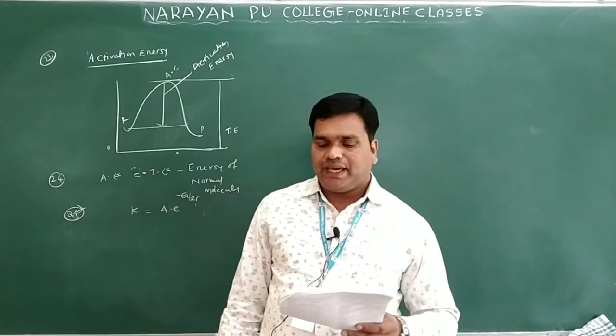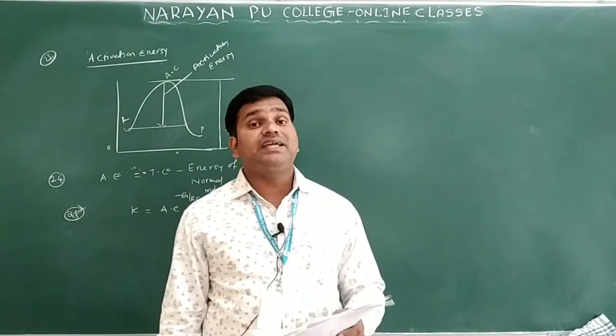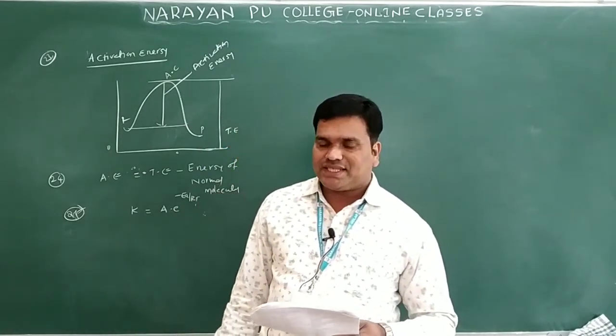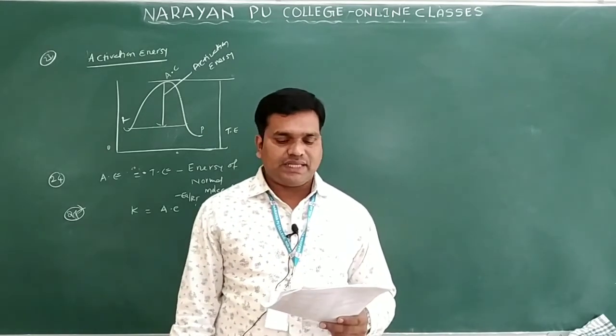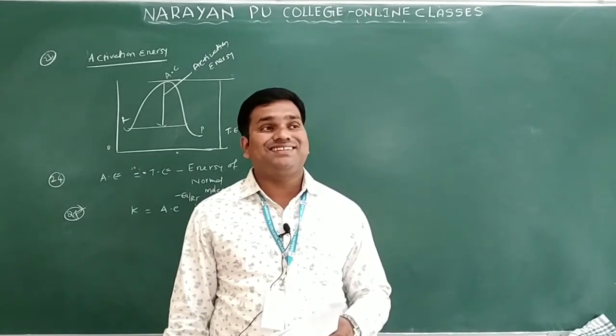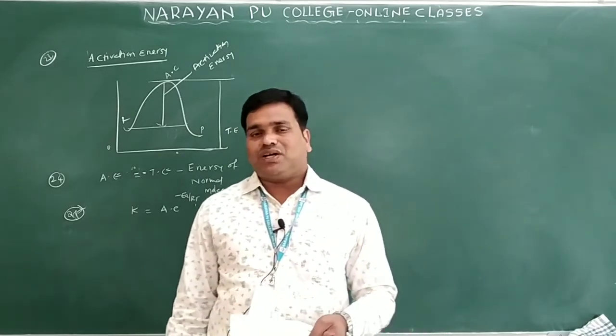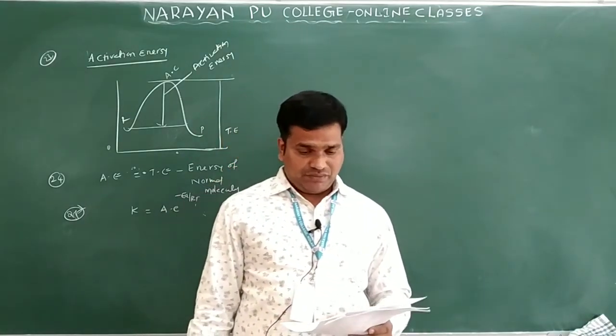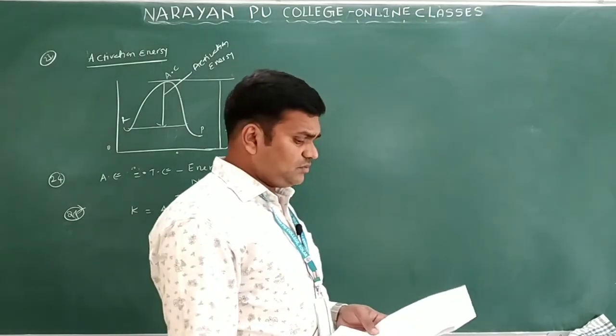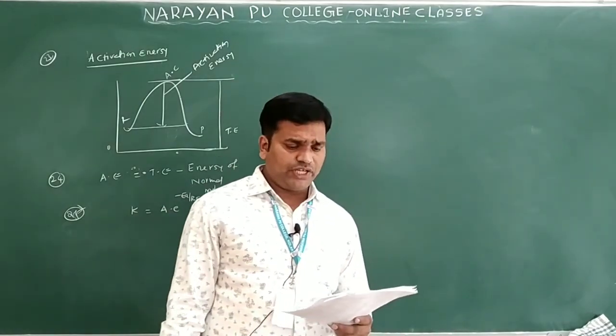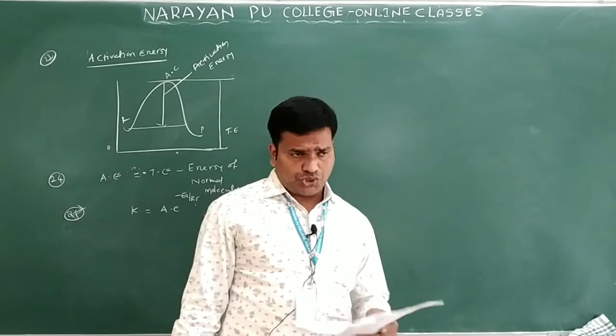A is the Arrhenius factor, not an absorption factor. Ea is the activation energy. R is the gas constant, not a Rydberg constant. So you will take option 3 for this question.